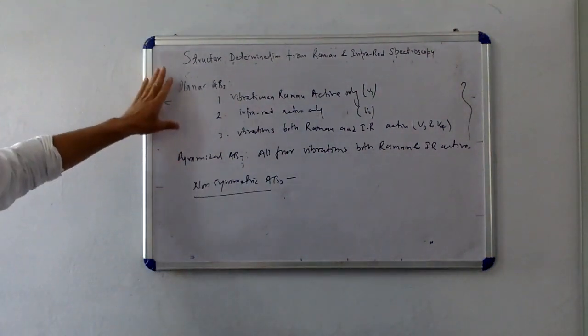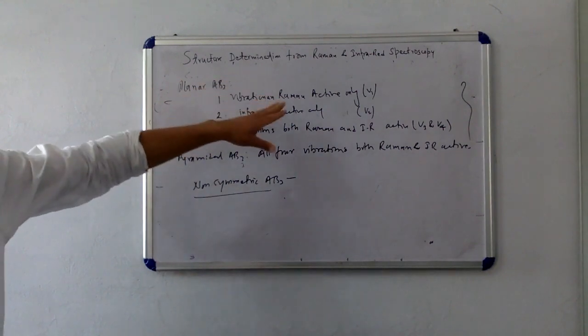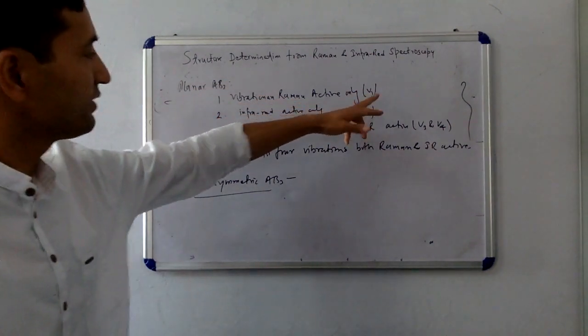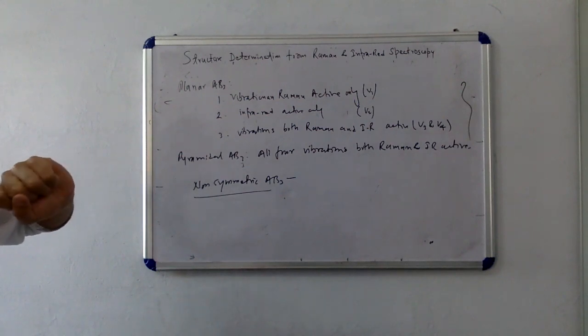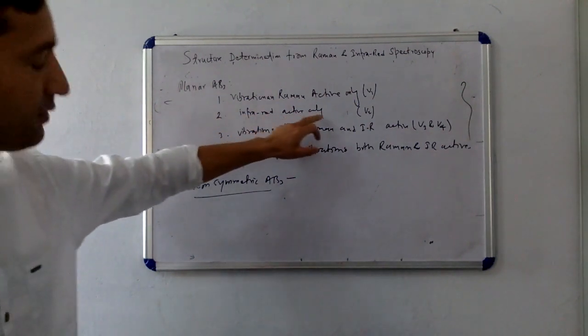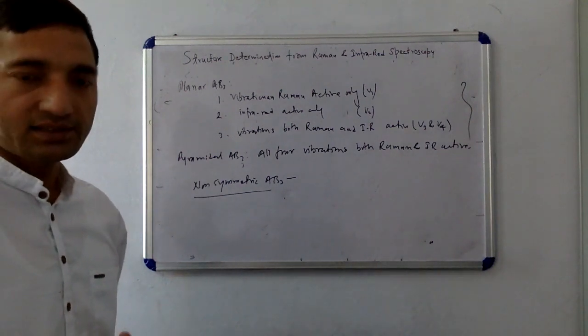So now for the AB3 type molecule with planar geometry, only the first vibration is Raman active, only the V1 frequency, that is the symmetric stretching of the bond, and infrared active only the symmetric deformation of the angles.